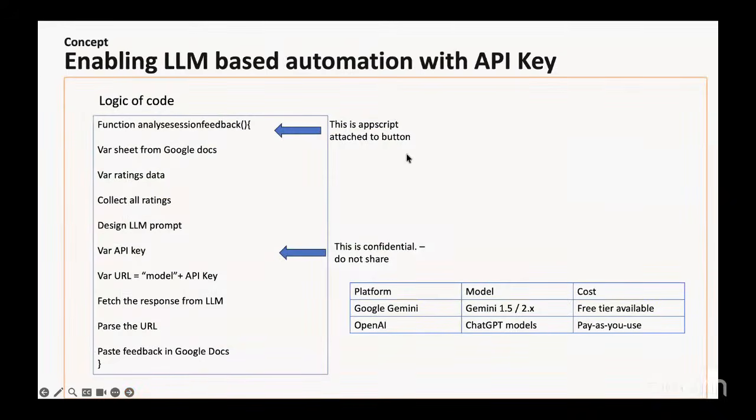Before we go to this key, let's understand how this code is working. What is this code doing? This is the name of the code. You can see it's JavaScript, a function. It's an Apps Script, right? What are we doing? We are telling the script to first refer to that sheet. If you see in my code, there is a sheet name.